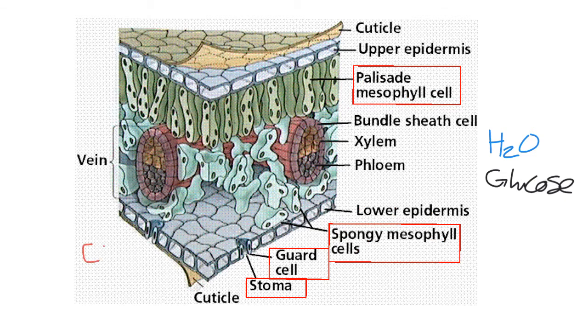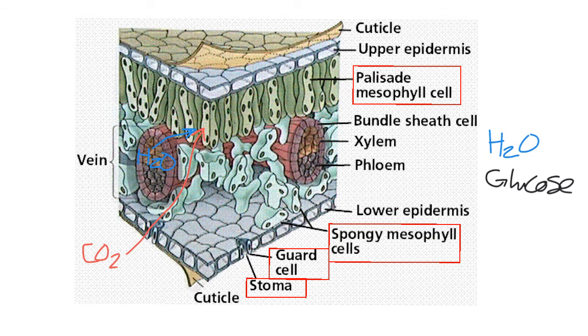So we would have CO2 coming in from outside, going to these mesophyll cells. And we also have water coming from over here, going to these mesophyll cells.